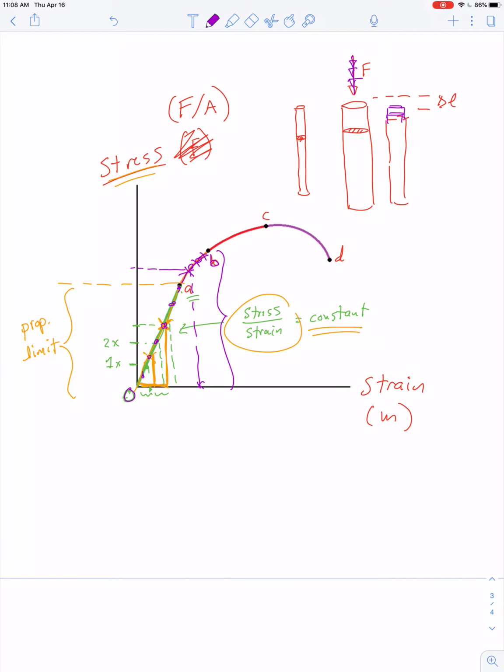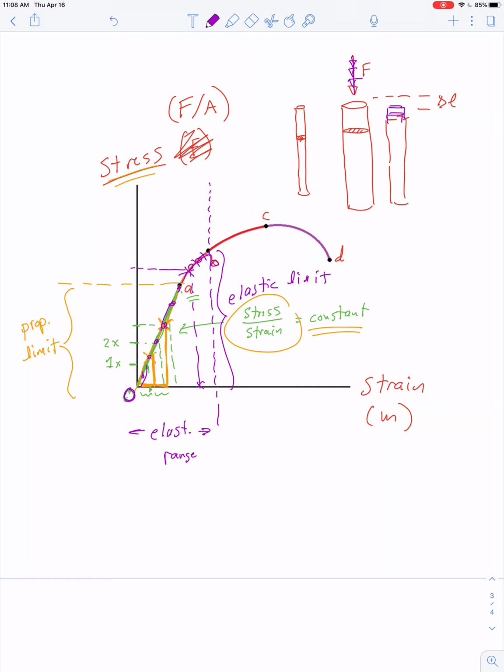And so the object will return to its original length when the stress is fully removed. As long as that's the case, you've remained within what we call the elastic limit for the material. So we can make a dividing line on this graph that goes up to the elastic limit, and then we can say this is all the elastic range for the material that's being stressed.